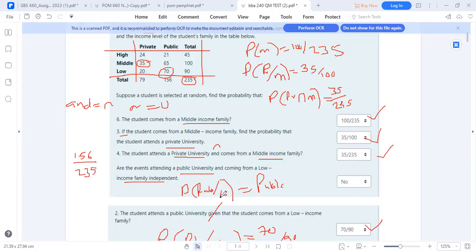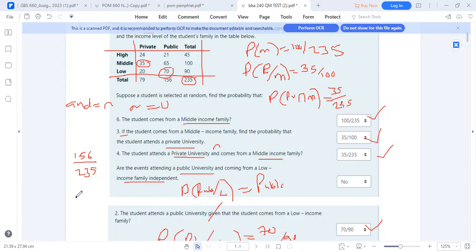Then also public given low. What is the probability of public given low income? So we will go where public and low meet.